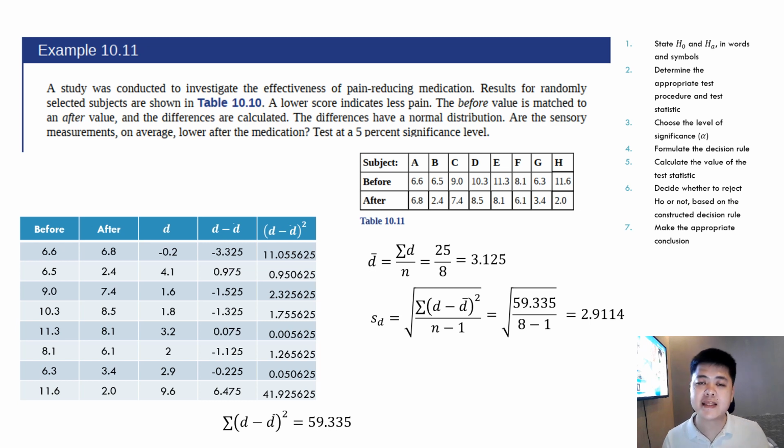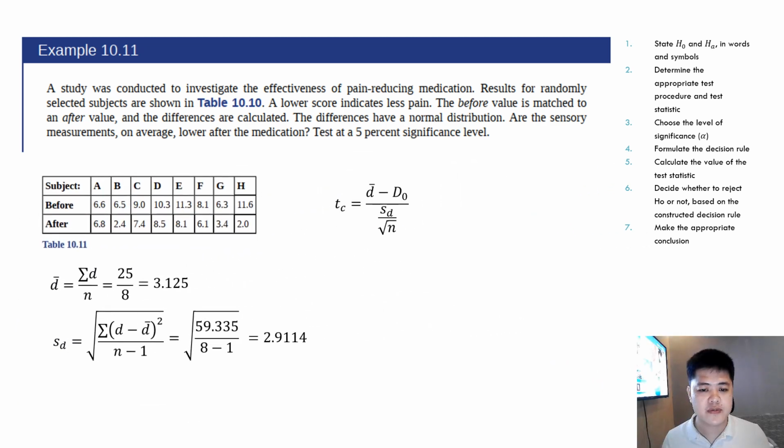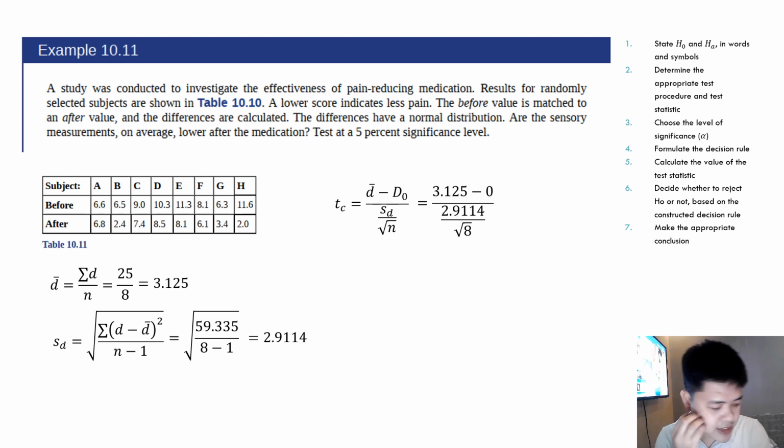So, dalawa lang yung kailangan natin, d bar at saka standard deviation, to get the computed value of t. So, let's substitute. D bar is 3.125 minus 0. So, d sub 0 is here. This is the hypothesized mean difference. Saan galing yun? You can look at your null hypothesis. Remember, your mu sub 1 is equal to mu sub 2.